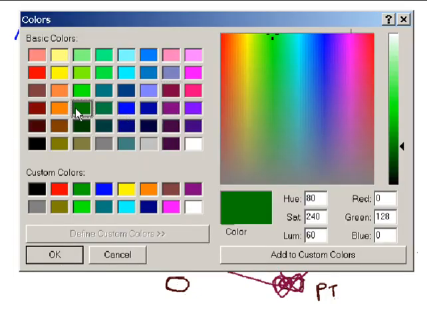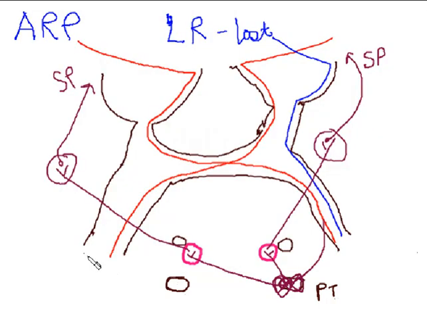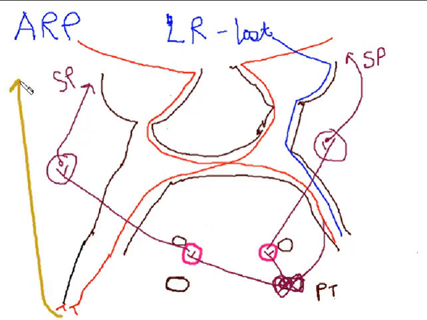And here what happens is that as these fibers are traveling this way, the fibers travel all the way to the occipital cortex, and they synapse in the occipital cortex. From the occipital cortex, the fibers go to the frontal cortex in an area called the frontal eye field.